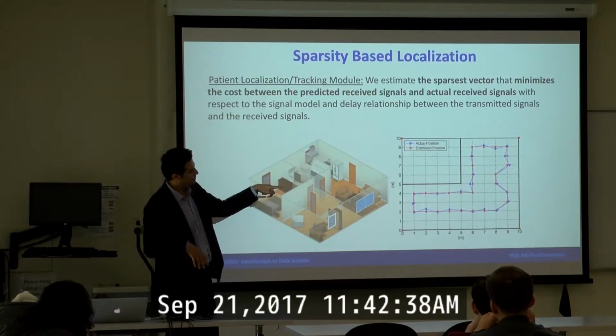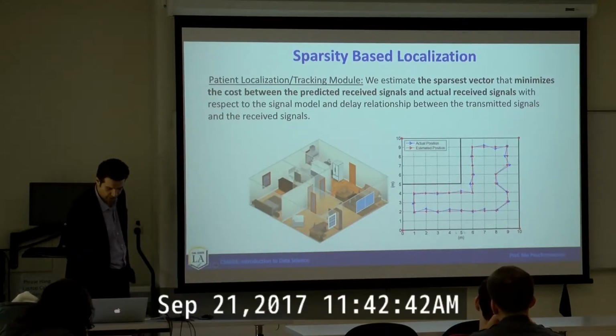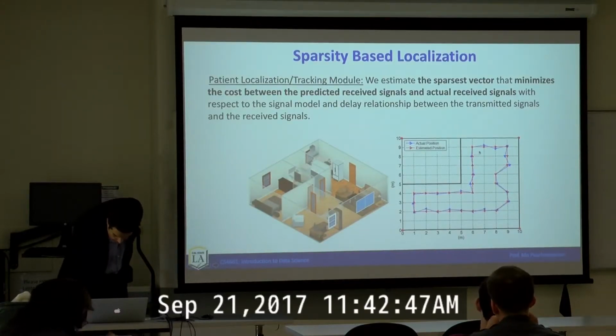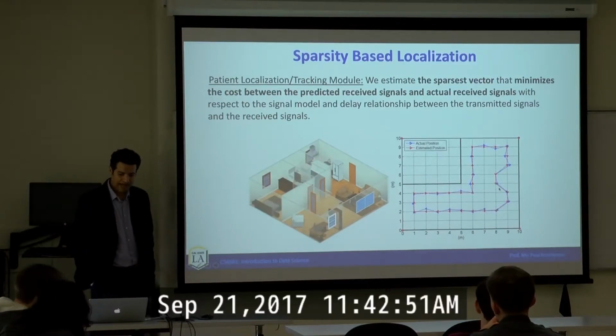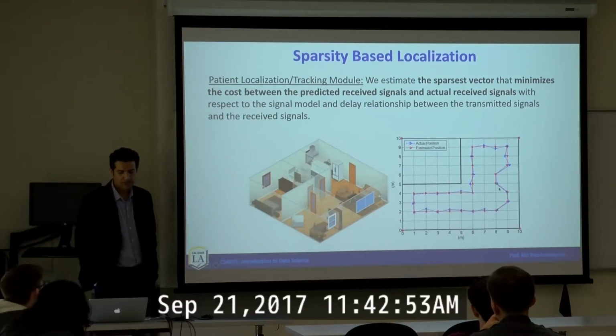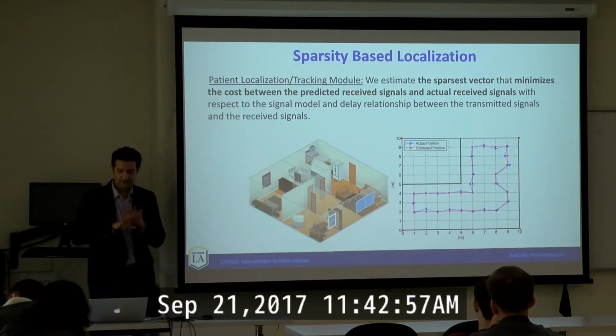In this example, a patient is moving around his house. The blue line is the actual patient's path, and the red one is our detection of his location. So we are pretty close.